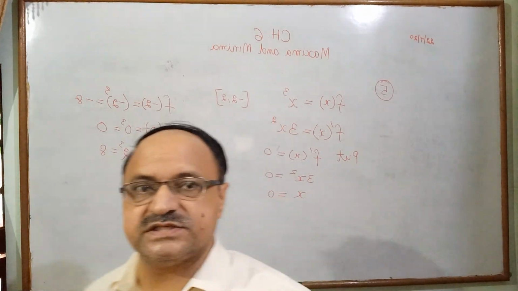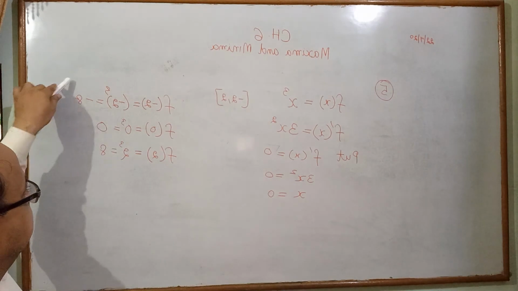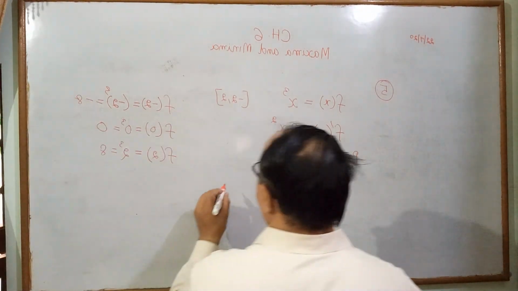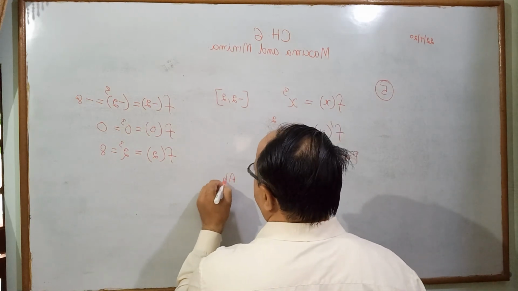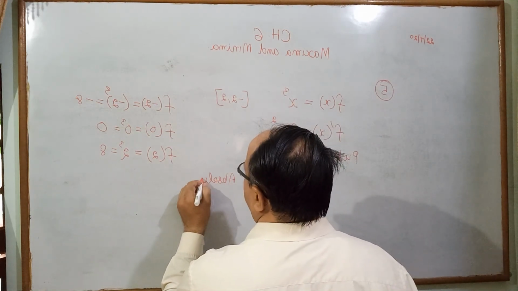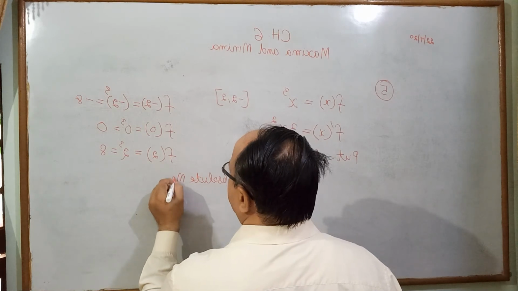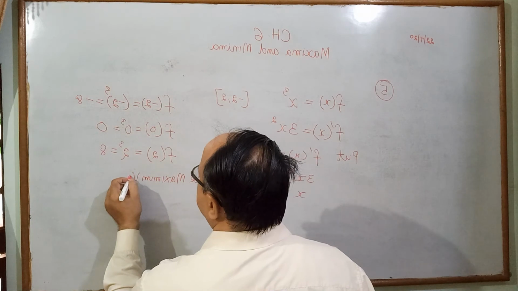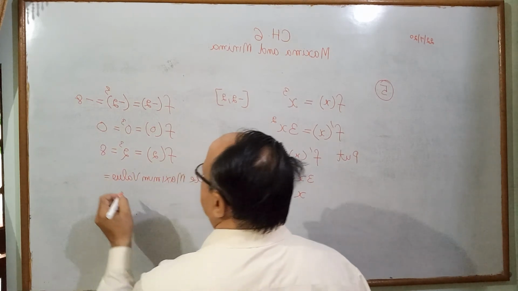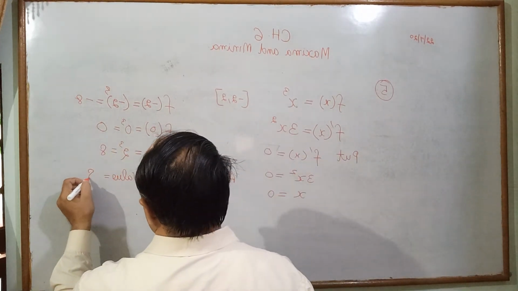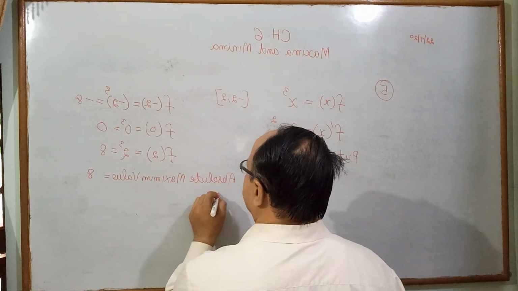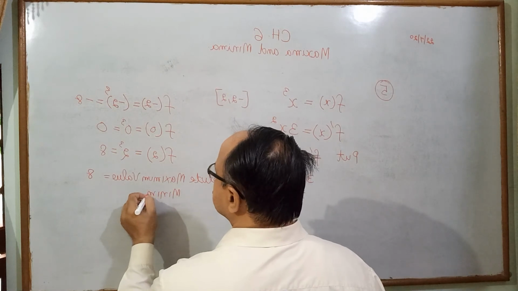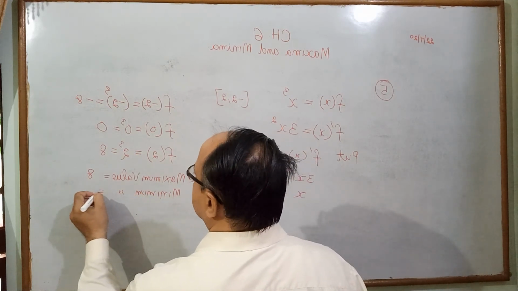Now with the help of this, you can find the absolute maximum value and minimum value. Therefore, the absolute maximum value is 8, and the absolute minimum value is minus 8.